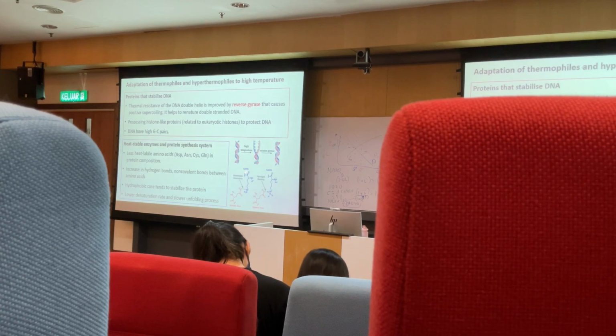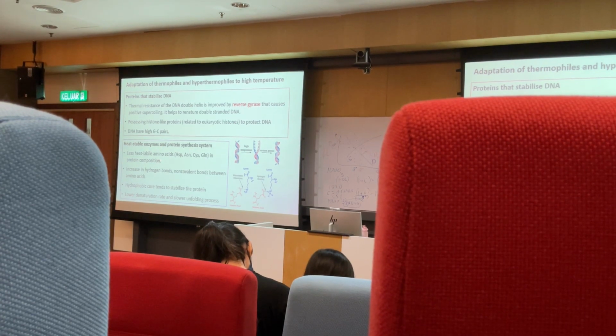So what to do? In high temperature, DNA tends to denature. What happens is that if you have reverse gyrase, it can actually make it supercoiled again. So putting it back into position, right, not allowing it to denature all the time. And of course you have all these heat stable enzymes and proteins.